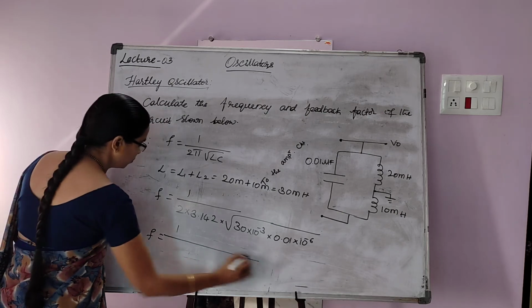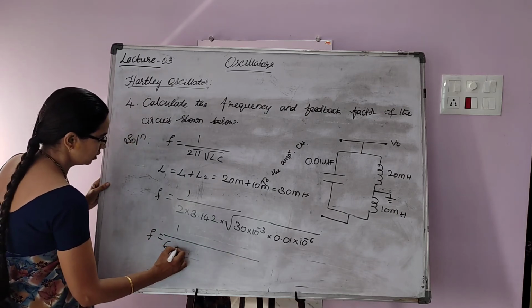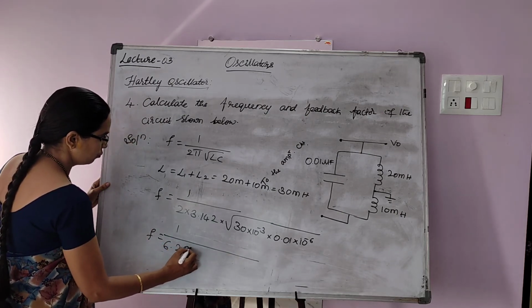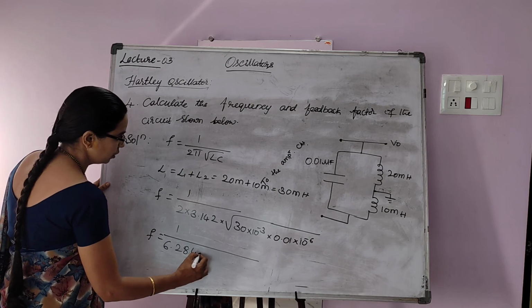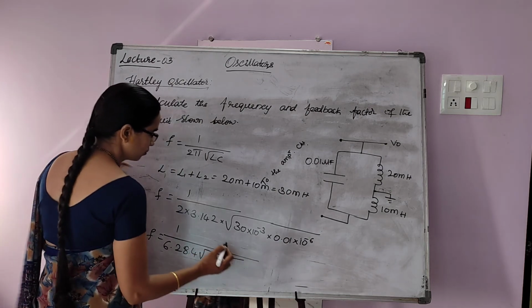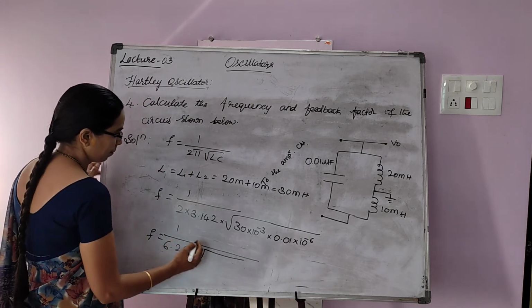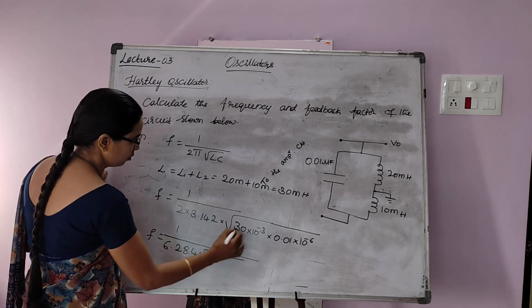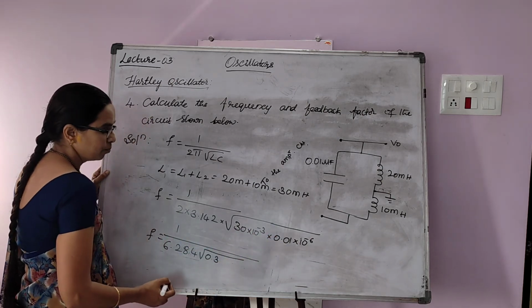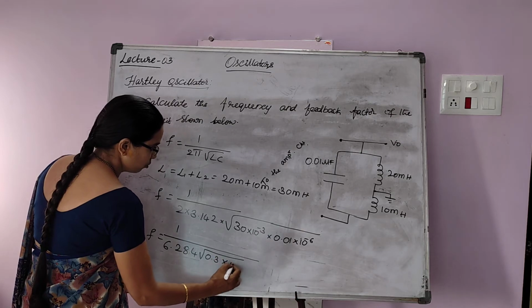Direct substitution, F is equal to 1 by 2 into 3.142 into root of 30 into 10 to the power of minus 3, LC is 0.01 into 10 to the power of minus 6. F is equal to 1 by 6.284 into root of 0.3 into 10 to the power of minus 9.